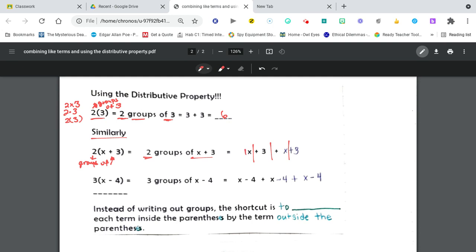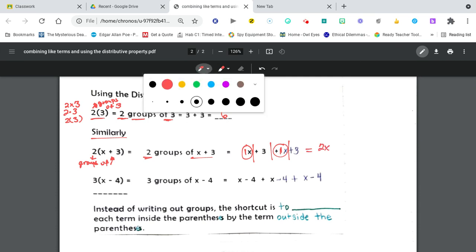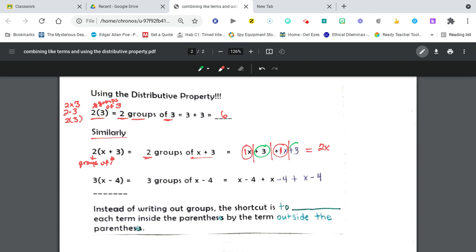And the coefficient here is 1. The coefficient here is 1. 1x and 1x are like. So this gives me 2x. And then these constants are like. Plus 3 and plus 3 gives me plus 6. So I know that 2 groups of x plus 3 simply equals 2x plus 6. That's what it equals.